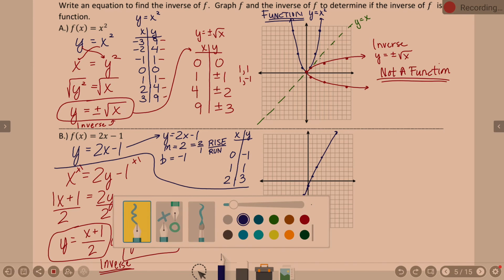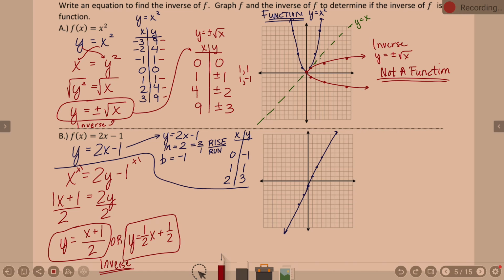Options on graphing the inverse. Could you just flip points? Most definitely. You can just flip points if you want. And if we flip points, if I use what I have up there, -1, 0, 1, 1, and 3, 2. I don't know why I left that gap. I was thinking I wanted another point there.